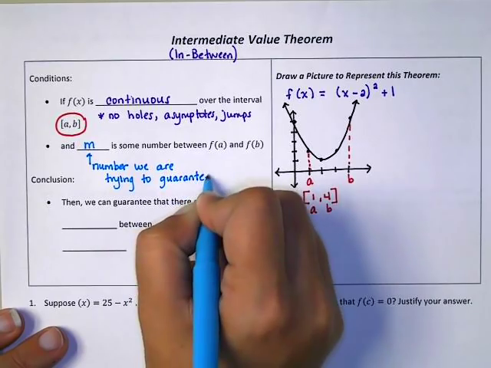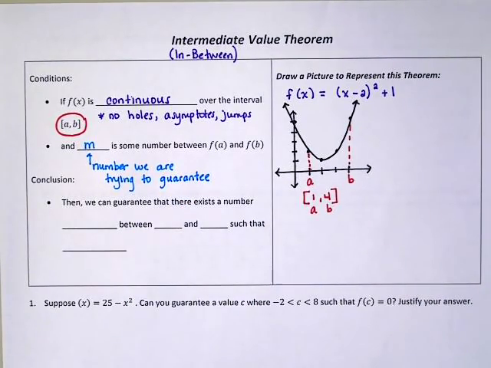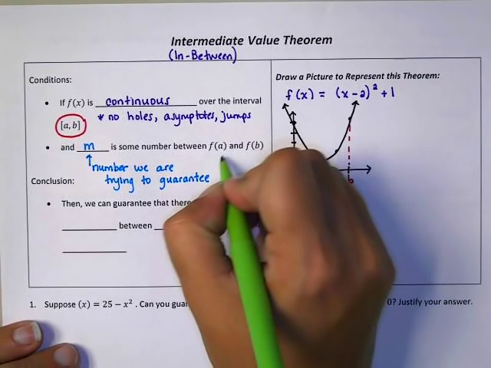So in our examples today in class, this would be like trying to say, can you promise me there's a certain speed that you would travel? Can you tell me for sure you go 40 miles per hour at some point? The number we're trying to guarantee has to be in between the y values of the endpoints.